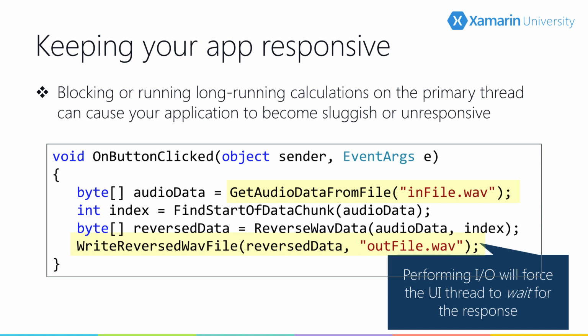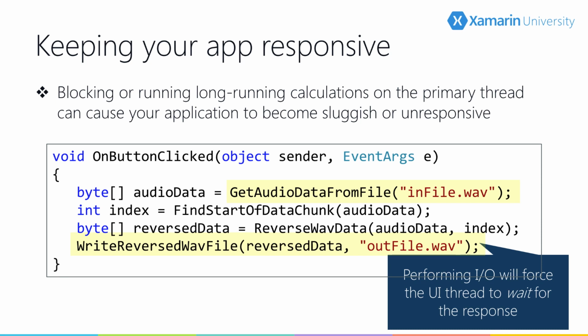Now the file system and the storages on our mobile devices, they are very, very fast. It's all solid state disks there. But compared to memory access, it's still super slow. And reading a large file into memory, that can take a while. So what we do here is reading a file and writing a file.